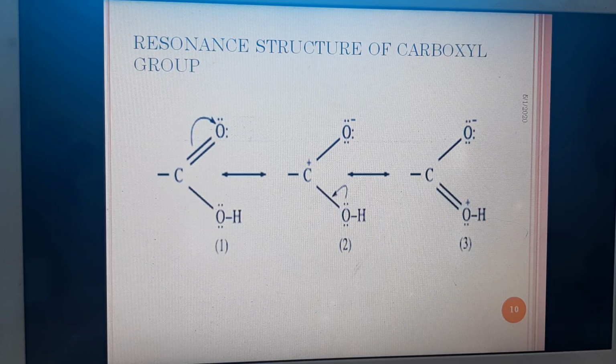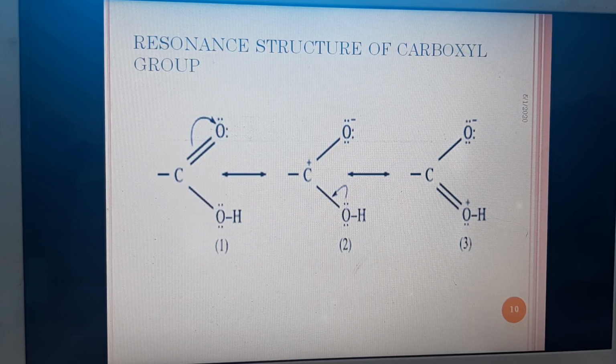Let us see the resonance structure of the carboxylic group. In the first structure, we can see that the double bond of the carbonyl carbon is shifted to the oxygen atom. So in structure 2, that oxygen gets a negative charge, and that carbon gets a positive charge, which we discussed earlier, that means electrophilic nature.